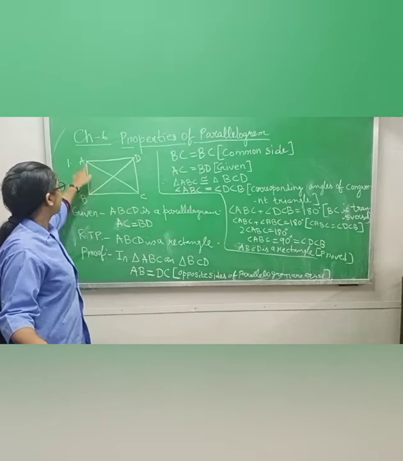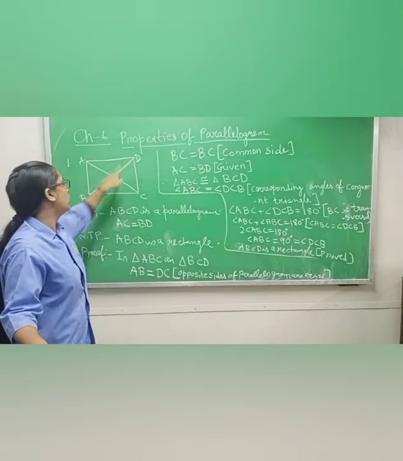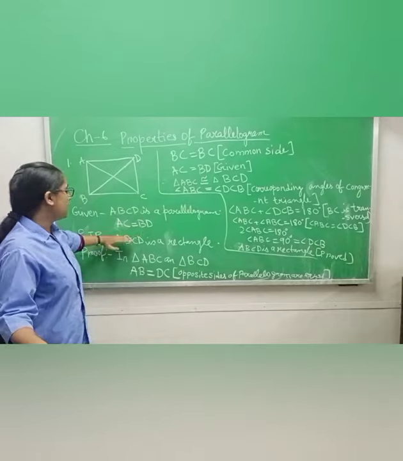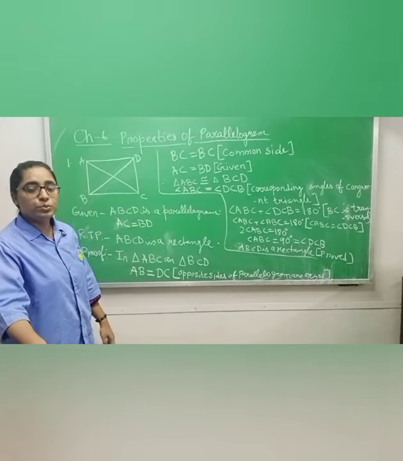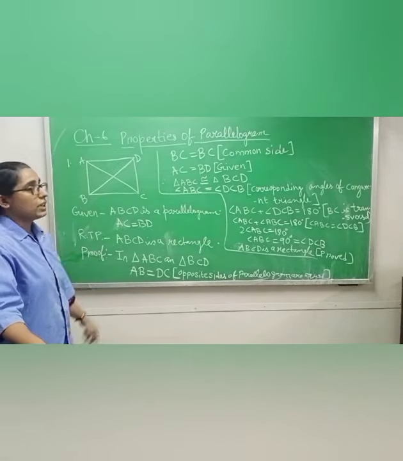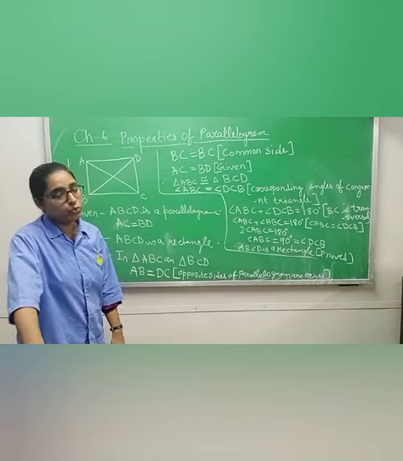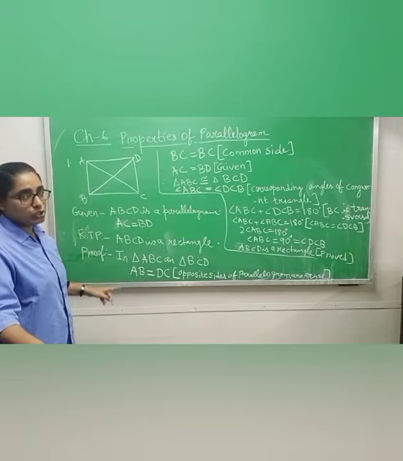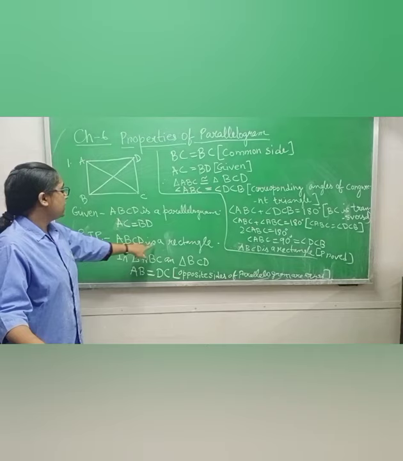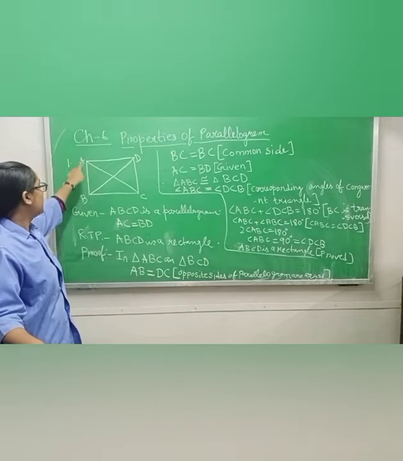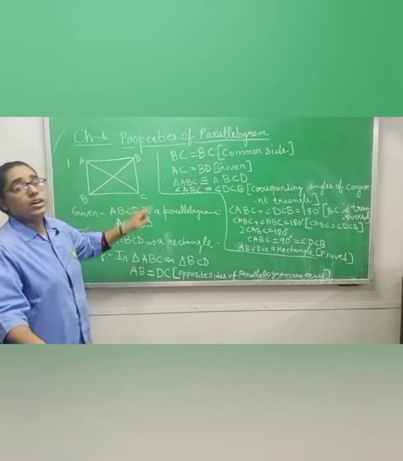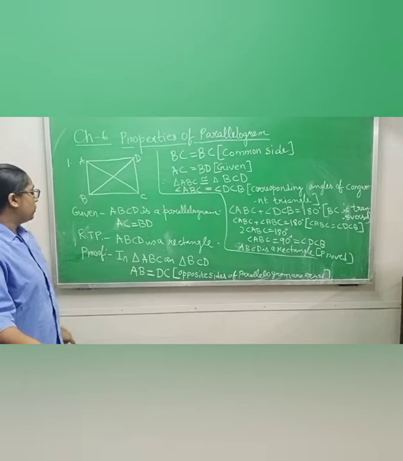AC equals to BD means one diagonal is equal to the other diagonal. Now RTP means required to prove. You can write to prove also, both are same. We have to prove ABCD is a rectangle.